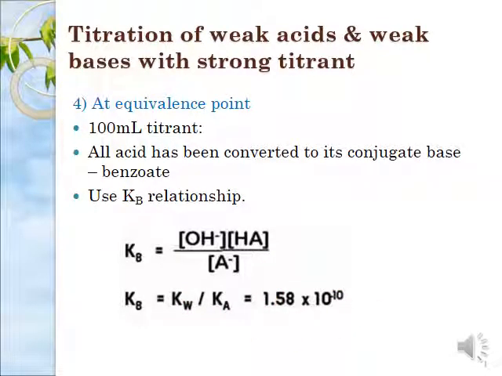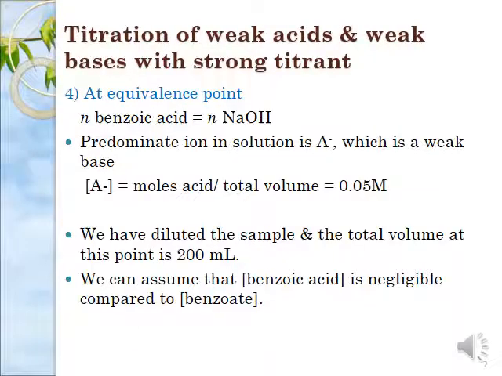Now, at equivalence point, how to calculate the concentration of the benzoate? We use this relationship here. At equivalence point, the number of moles of the benzoic acid present in the Erlenmeyer flask is the same as the number of moles of the titrant, which is sodium hydroxide. So we have to find the number of moles first.